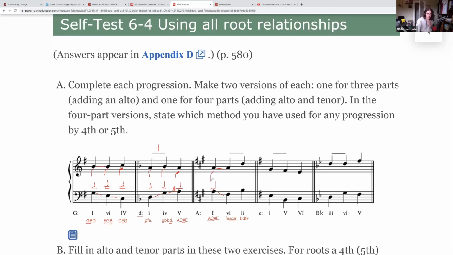Without crossing voices, I think you're right. So we keep the A. We could keep the C sharp in the tenor. Doesn't mean we have to, but we could, right? And then you could put the F in the alto, or another F in the alto.